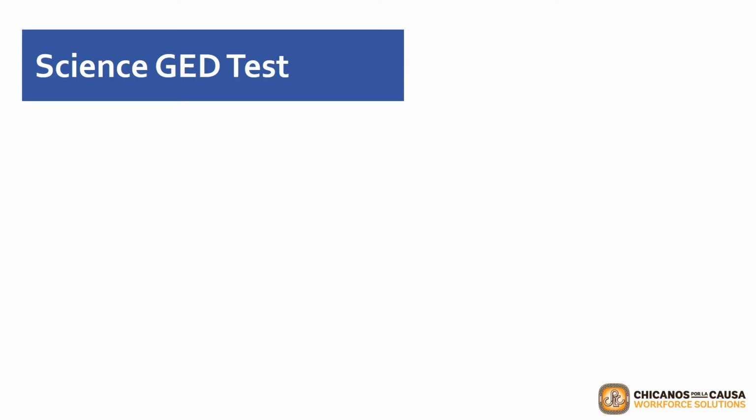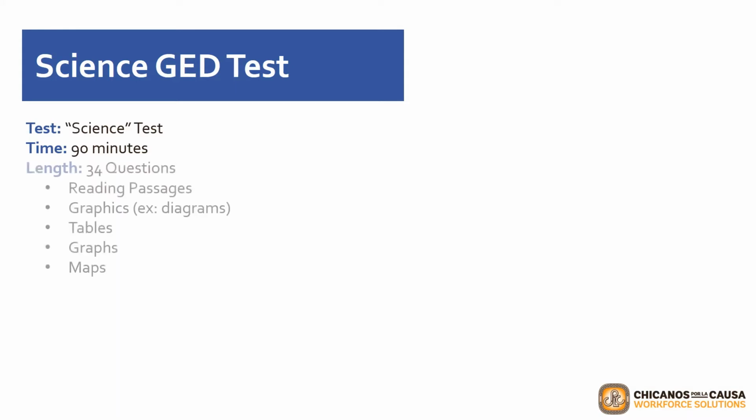So before we actually get into our first chapter, I did want to discuss what the Science GED test will be composed of. As far as the test itself, the test is titled Science Test, which is pretty basic, right? The test itself will last approximately 90 minutes. It will be composed of 34 questions that are then composed of reading passages, graphics such as diagrams, tables, graphs, and maps.